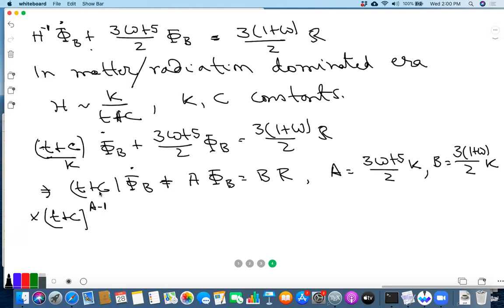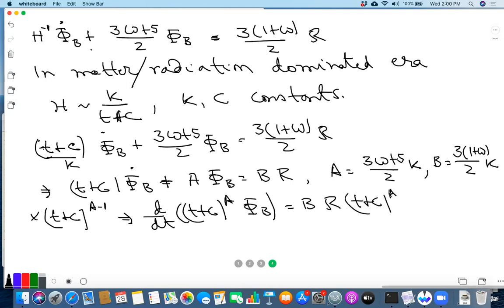So this gives you (T plus C) to the a times phi b dot, plus a (T plus C) to the a minus 1 times phi b. The net result is d/dt of (T plus C) to the power a times phi b, which is equal to b times r times (T plus C) to the power a minus 1. Just integrate once, so (T plus C) to the power a phi b will be b over a times r.